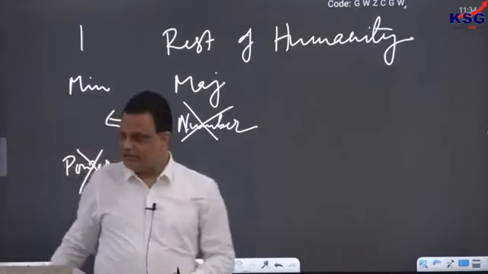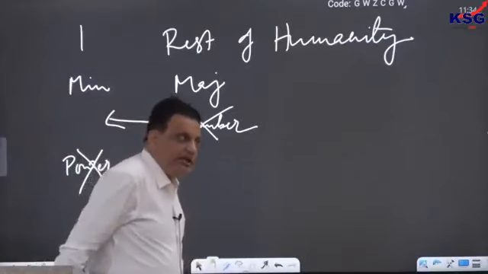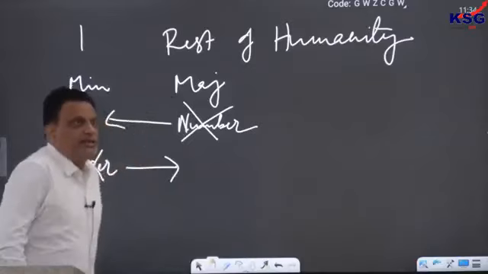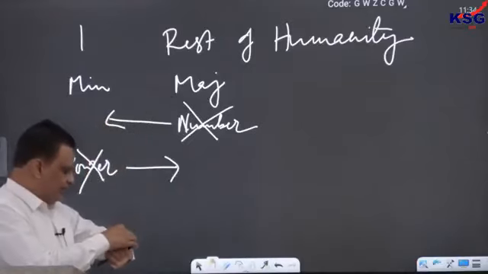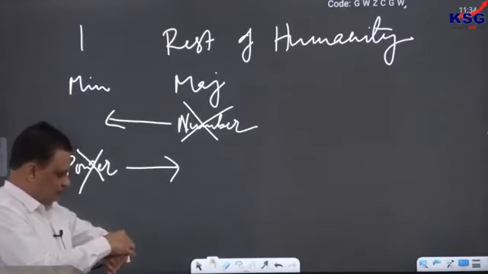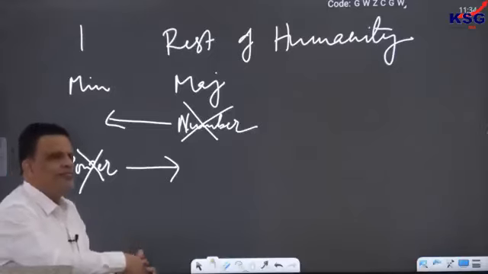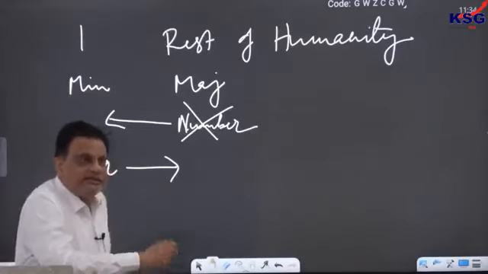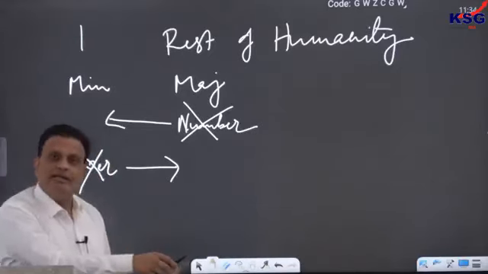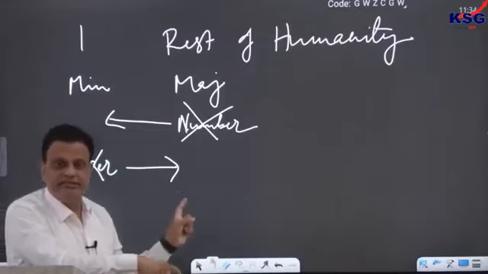Remember, when I say basic principle of utilitarianism, then I mean that line that I talked about yesterday, the greatest happiness for greatest number. So that is the basic principle of utilitarianism.